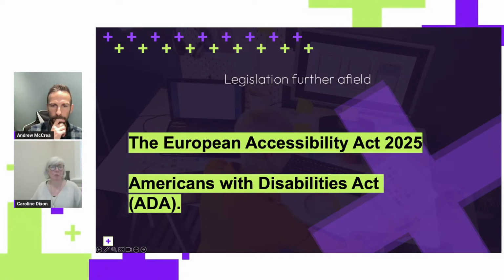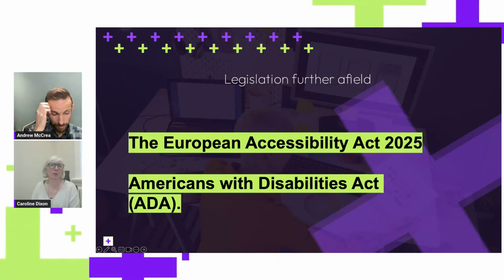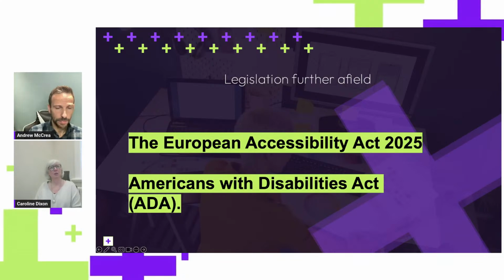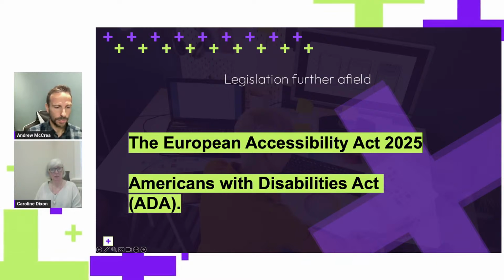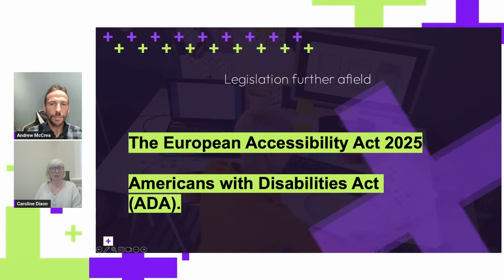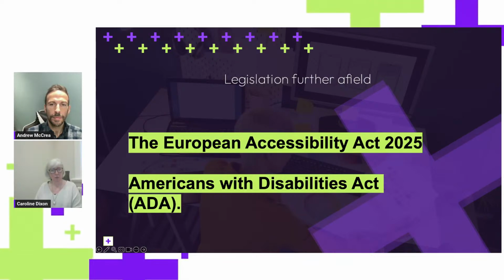If you're working further afield, there's other legislation that you need to be looking at. If you're a commercial business trading in the EU or states, you'll want to consider the European Accessibility Act 2025. It has a looming deadline of the 28th of June 2025, so do look into that.